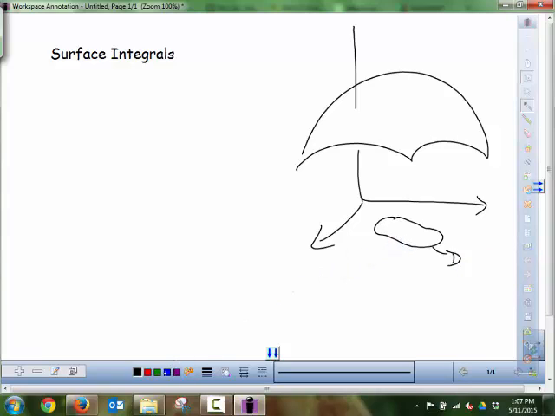And I was kind of fixated on a point here. Call it (a, b) or (x naught, y naught). Let's call it (a, b). So then I have a point up on the surface above (a, b). What's my z component again?